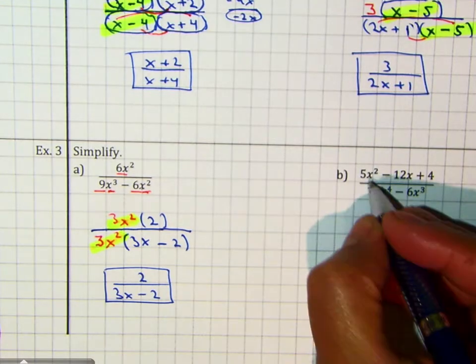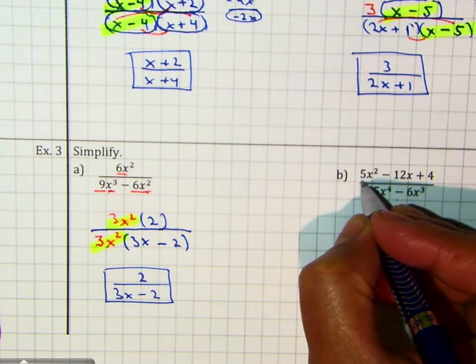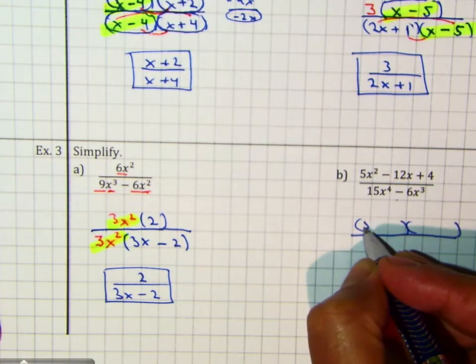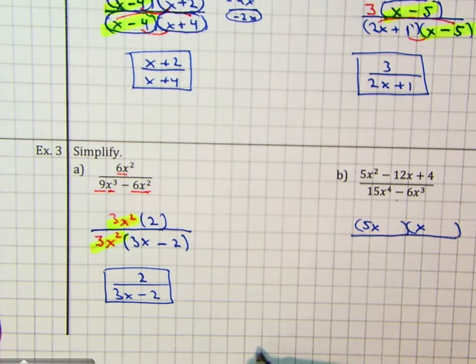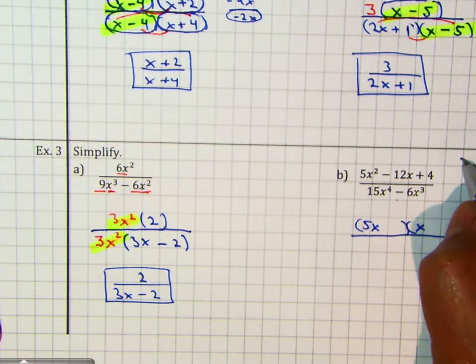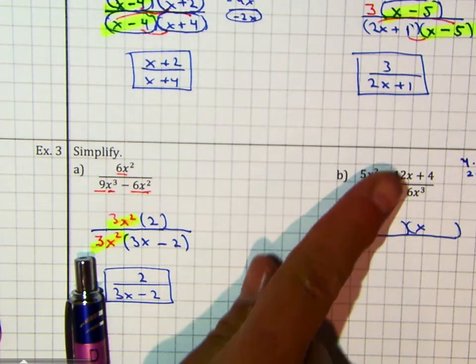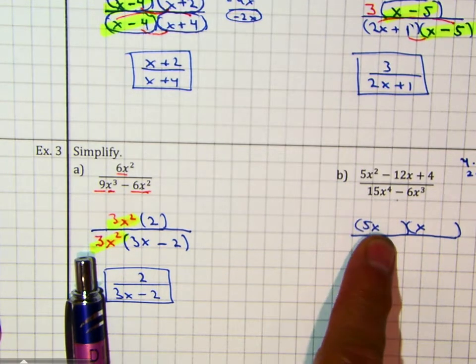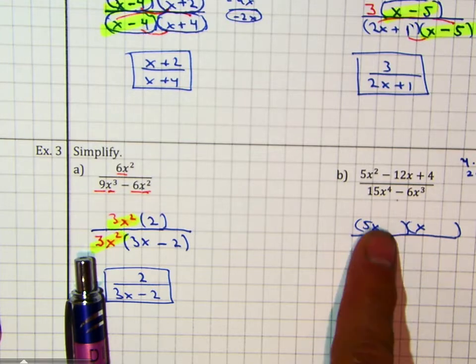Excellent. So in this case, what are the factors of 5x squared? It will be 5x and x. What are the factors of 4? I can use 4 times 1 or 2 times 2. Now that's a positive 4, that means they need to have both the same sign, both positives or both negatives.